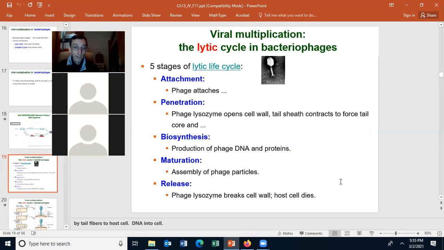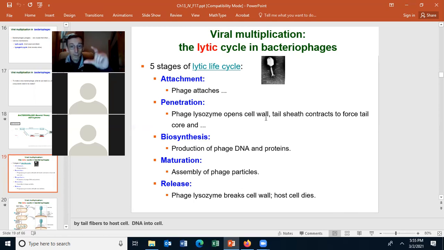In attachment, the bacteriophage simply attaches to their host cell, which will be a bacteria cell. And then there's penetration, where the phage lysozyme opens up the cell wall. Remember, bacteria have a cell wall, and you have to make a hole in that cell wall in order to infect the cell. And bacteriophages have lysozyme to do that.